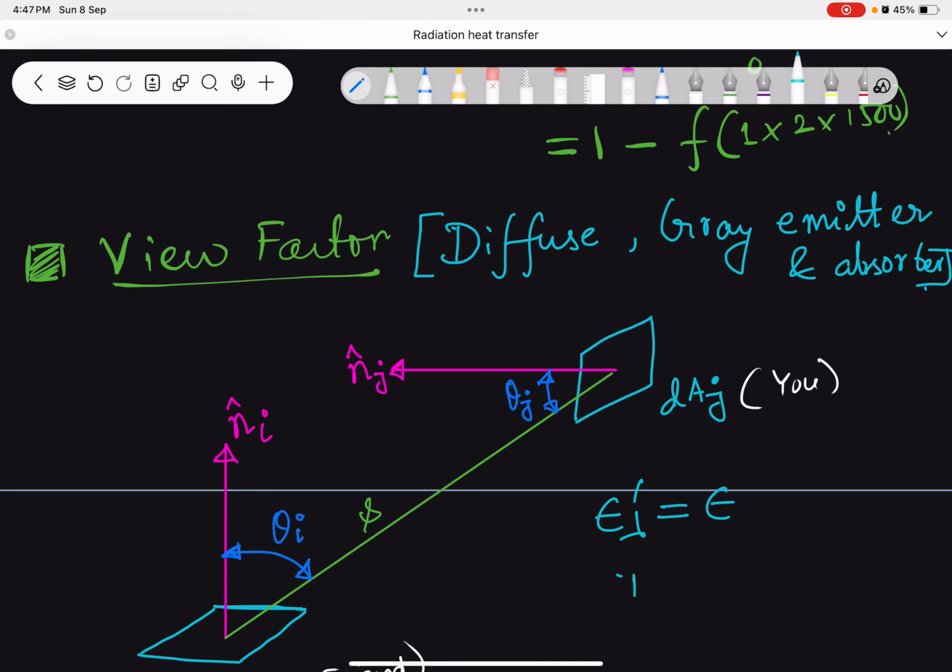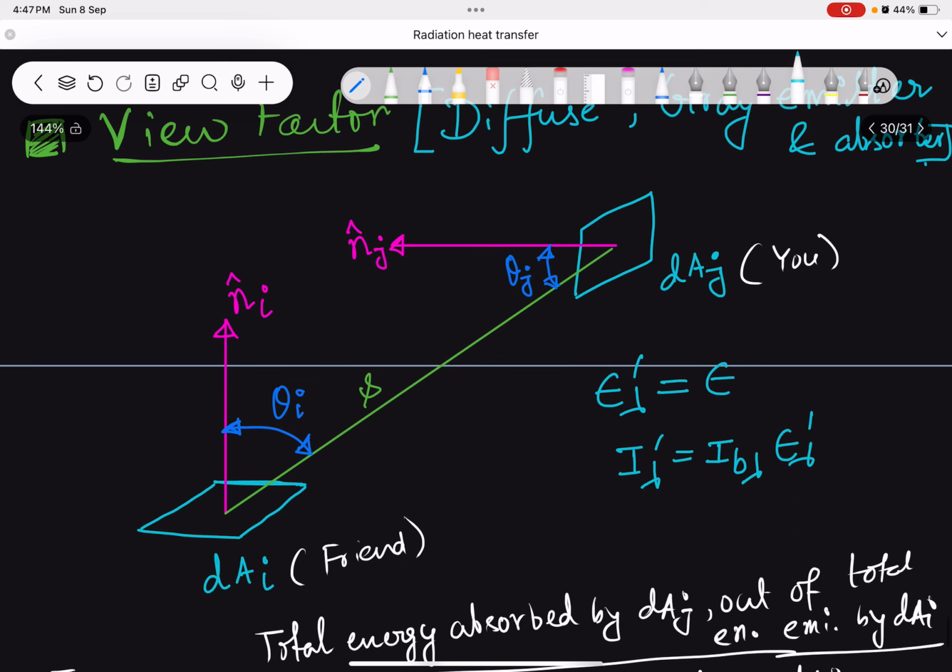That means whatever it will emit, that is my I lambda dash, is equal to I B lambda into epsilon lambda dash, which is equal to I B lambda into epsilon.